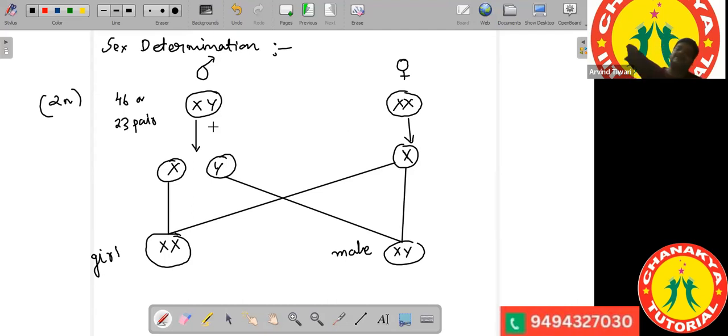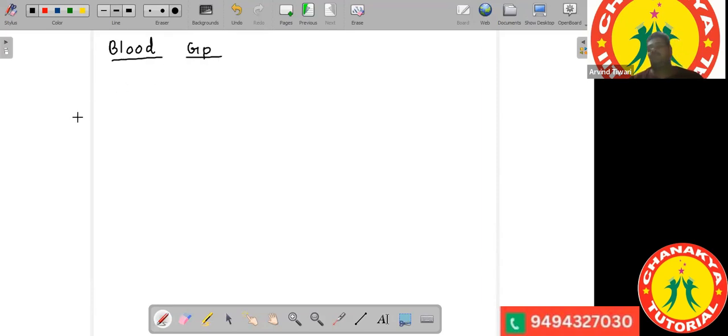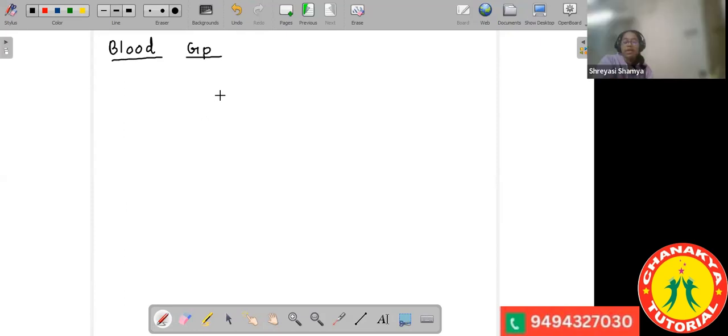Okay. Now let us see about the blood groups. Shall we do blood group today or in the next class? Okay, let's see. What are the different blood groups that are there? A, B, O, and AB.